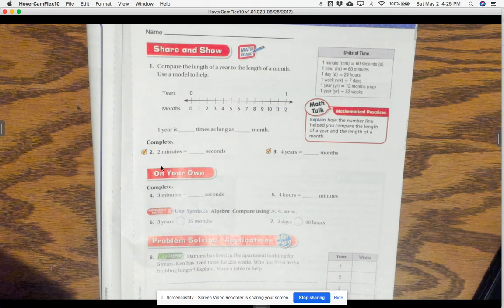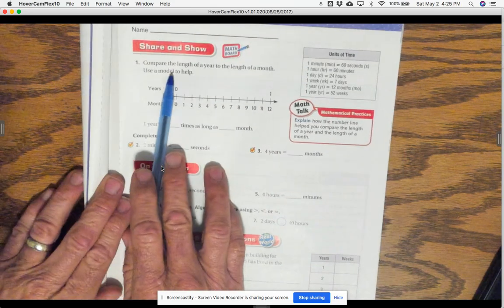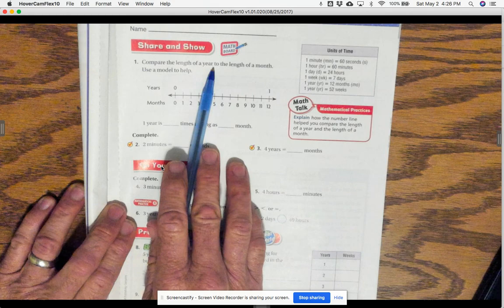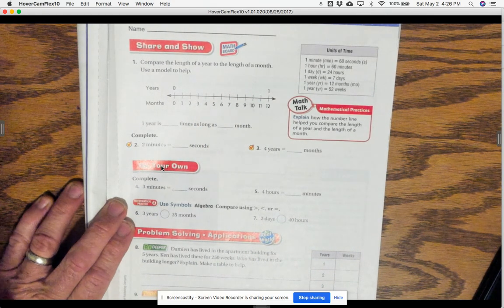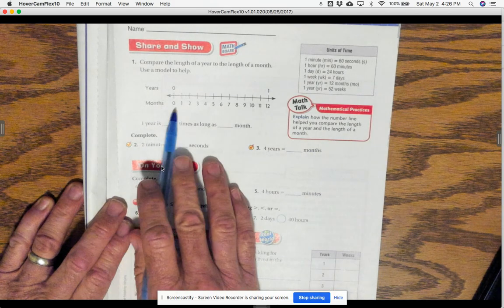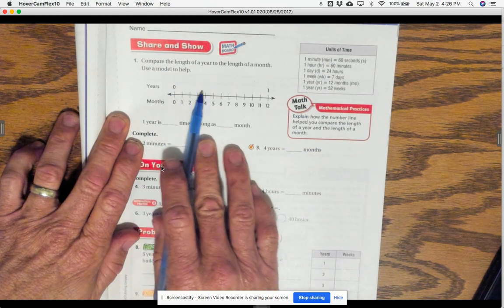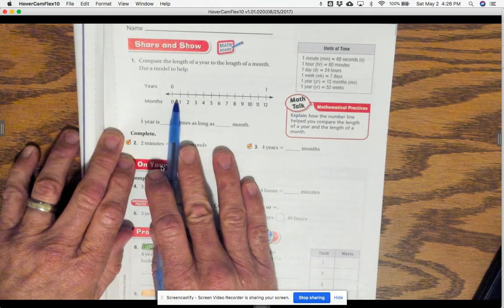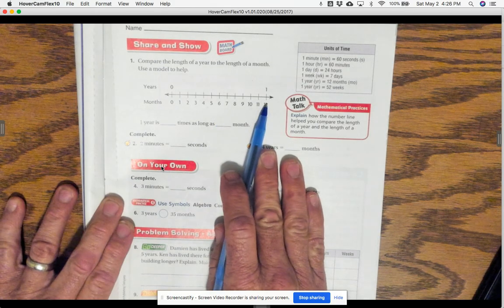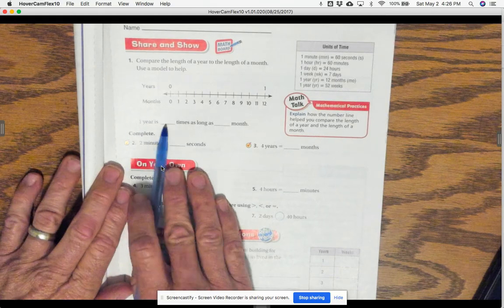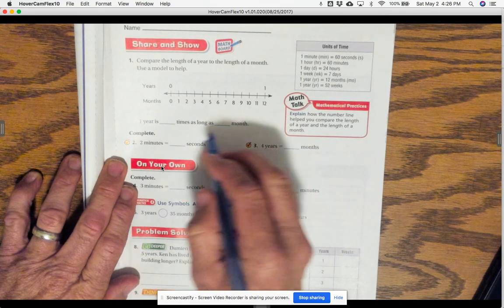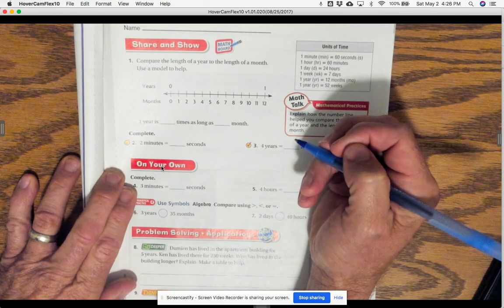So units of time, let's take a look here. Compare the length of a year to the length of a month using the model. Use the model for help. Well, it shows us that for 1 year, it is 12 months long. So 1 year is how many times as long as 1 month?